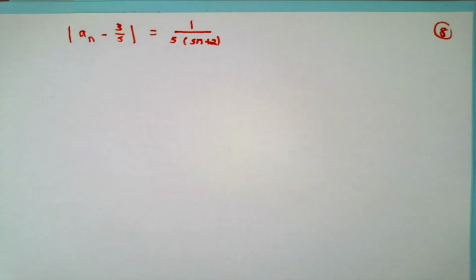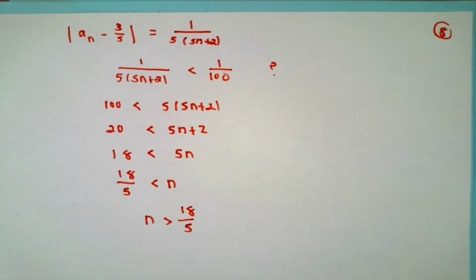I need to decide if it's true or false that beyond some particular index n, this quantity is smaller than 0.01. So I have to solve a similar inequality again. Since the algebra that we have to do is very similar to what we've done already, I've just written the steps down.